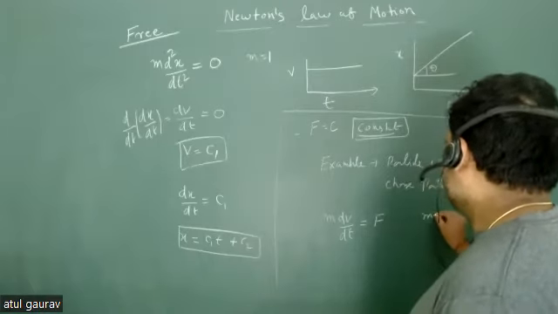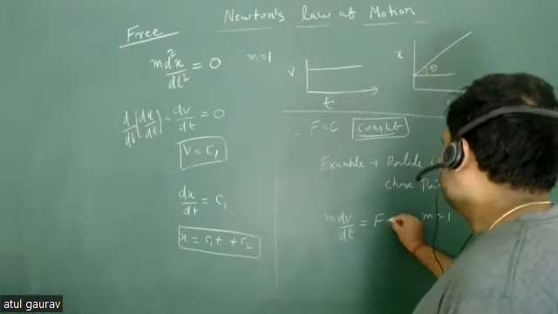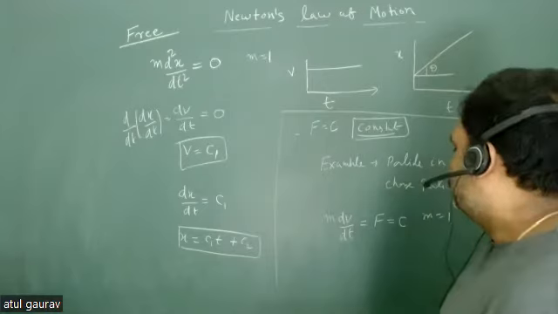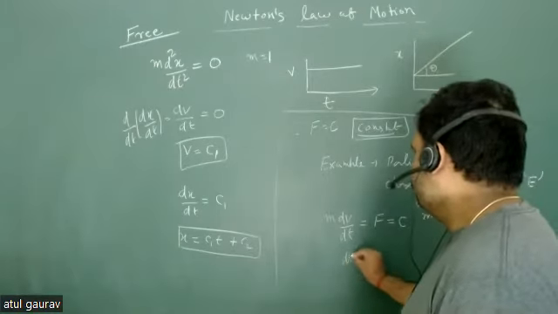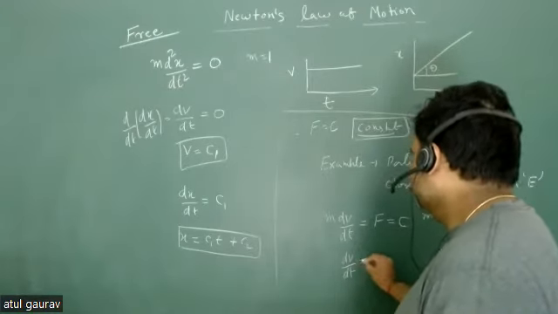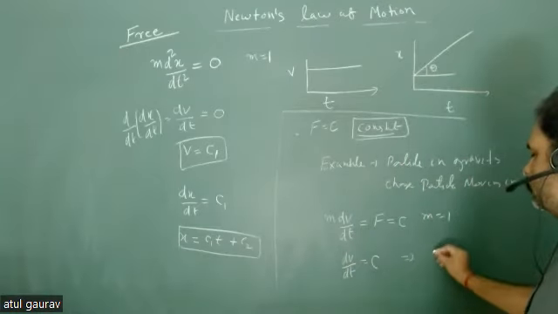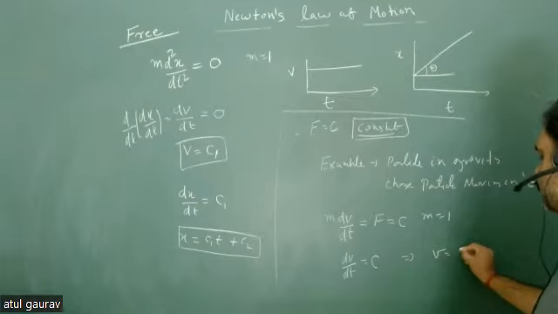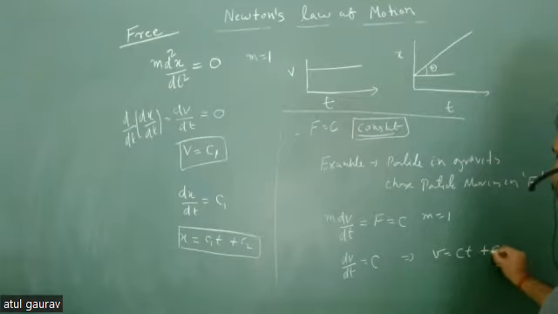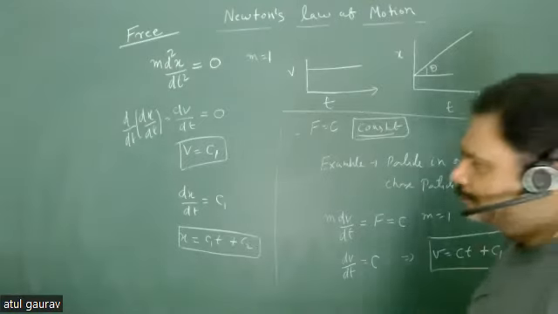Again, I am just choosing m equal to 1 and let's say this F is equal to some constant value. So dv/dt is equal to a constant, and what is v? v equals Ct plus some c1.